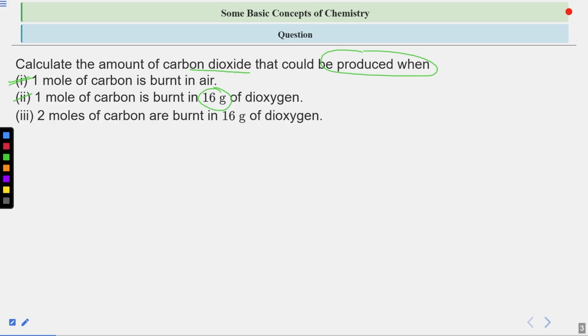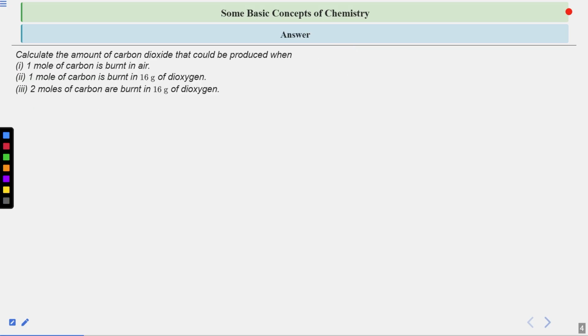So first of all, the first question is asking what is the amount of carbon dioxide that will be formed if we take 1 mole of carbon. Let's see, Devangi, what is the answer, whether it is 44 grams or not. How will we do it? For that, we will use the stoichiometric equation for the combustion of carbon.